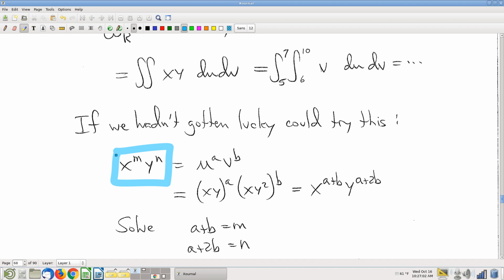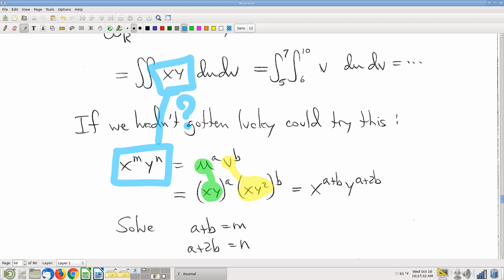How would I write, and this is a rhetorical question, a product of powers of x's and y's in terms of one product of powers of x's and y's, and another product of powers of x's and y's? So I have the blue expression on the left, such as perhaps I might have ended up with there. I need to write it in terms of u and v.